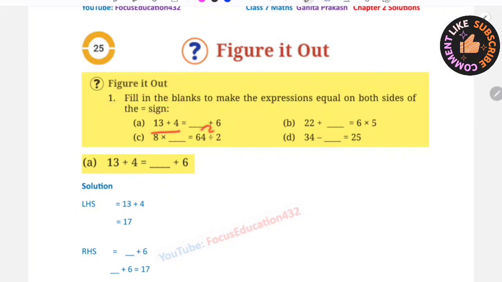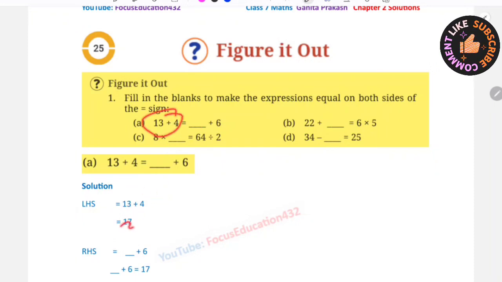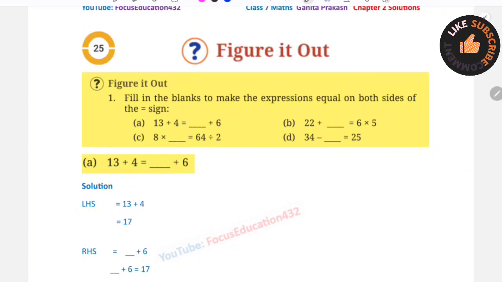So 13 plus 4 equal to blank plus 6. So you have to fill this blank, right? So left side you calculate. 13 plus 4 is how much? 17. So 17 means if we add which number to 6 to make it 17?